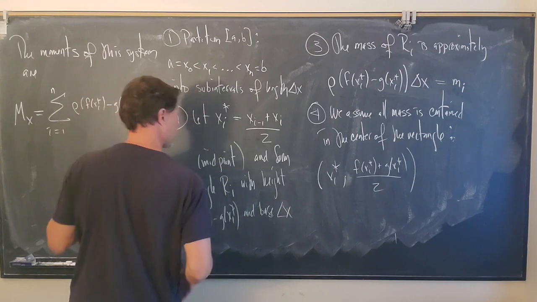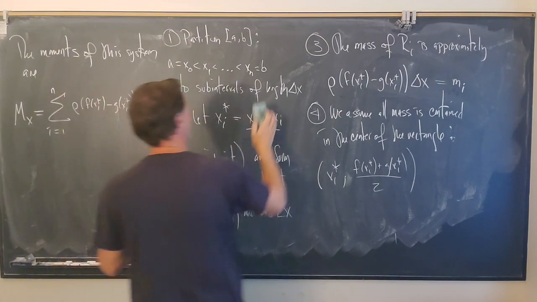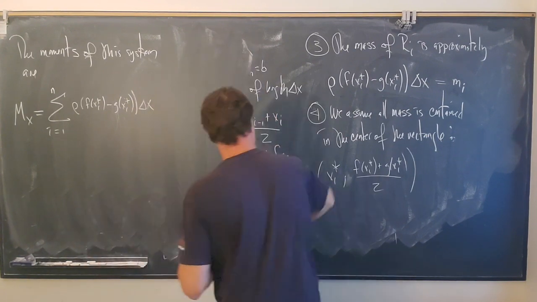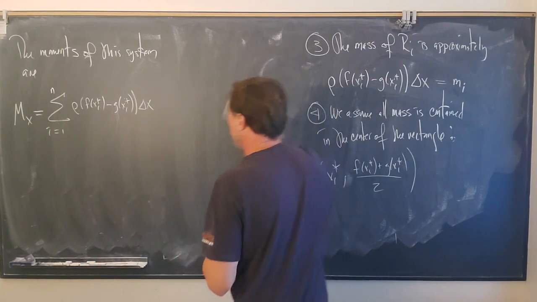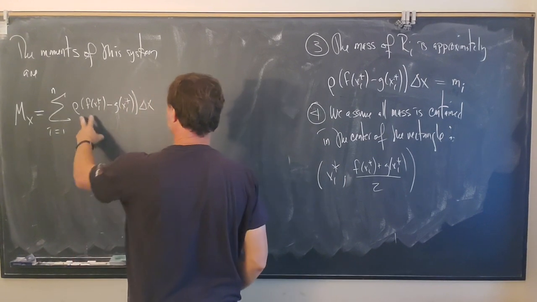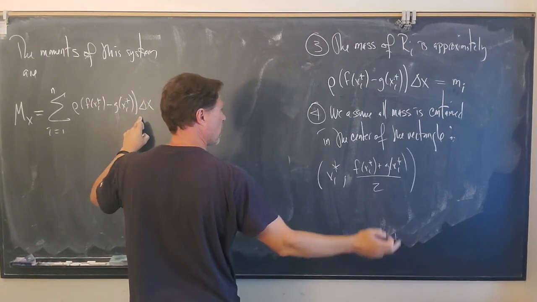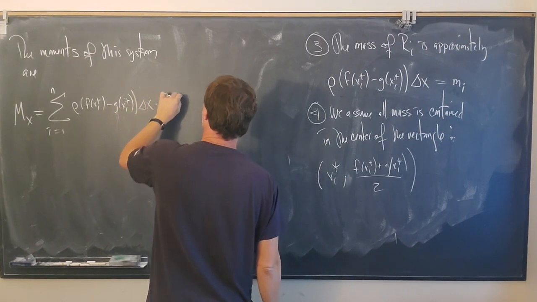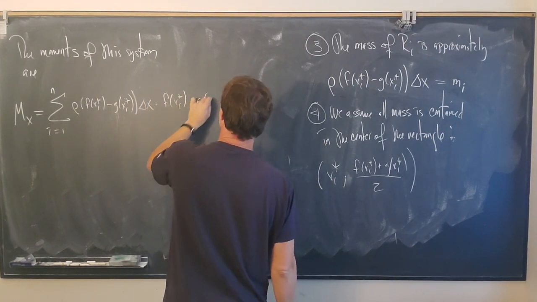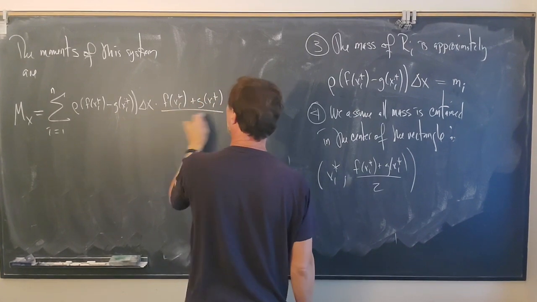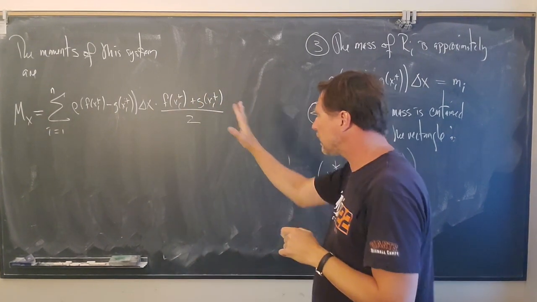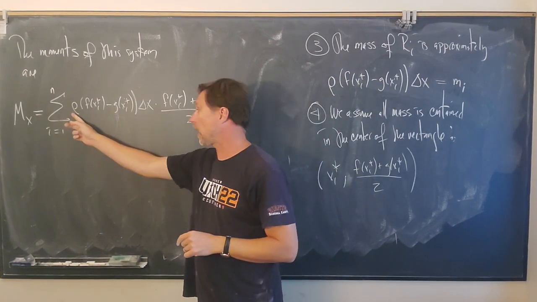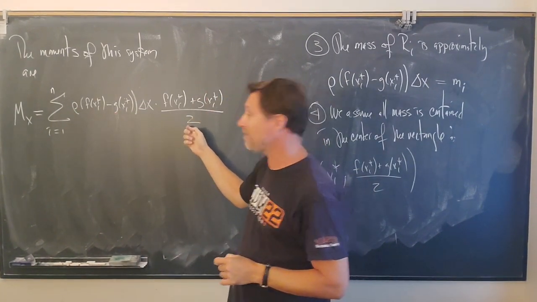times delta x. Sorry, I'm going to have to erase this part, but I guess that's all right. Times, so what do I have? I have mass, and now I need y coordinate. So there it is, times f of xi star plus g of xi star divided by 2. And I want to clean this up a little bit. Rho is a constant, so I can pull that out. I can pull the 1/2 out also.